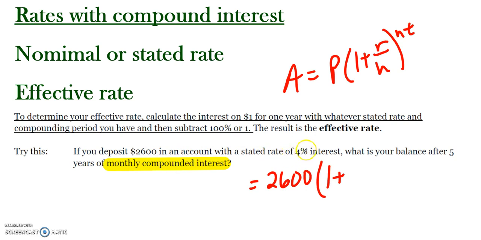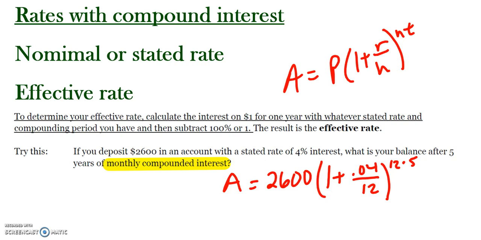We also know that we have a rate of 4%, so as a decimal, that would be 0.04. What is your balance after 5 years? So that is going to be t. And it's compounded monthly, so that's our n value, and there's 12 months in a year, so we'll plug in 12 for n. That will give us our accumulated amount.